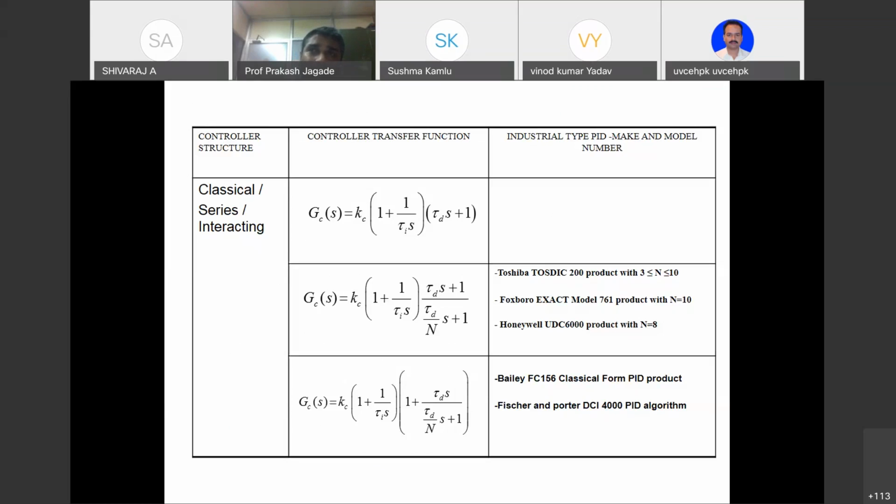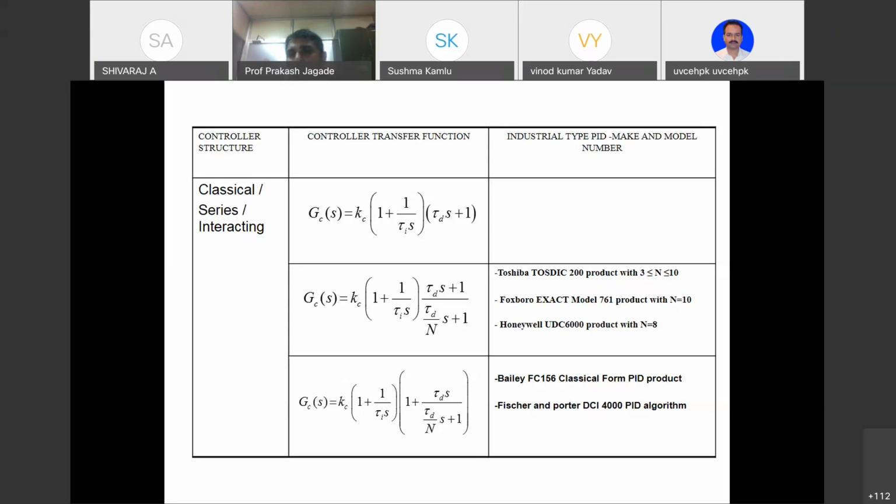We'll recommend either P or PI. The most preferred one is the P controller, but sometimes you can also use a PI controller. If you want to precisely maintain the flow rate at the desired set point, you can use a PI controller. Otherwise, you can use a simple P controller. So for a dead time dominant process, a PID controller is recommended.